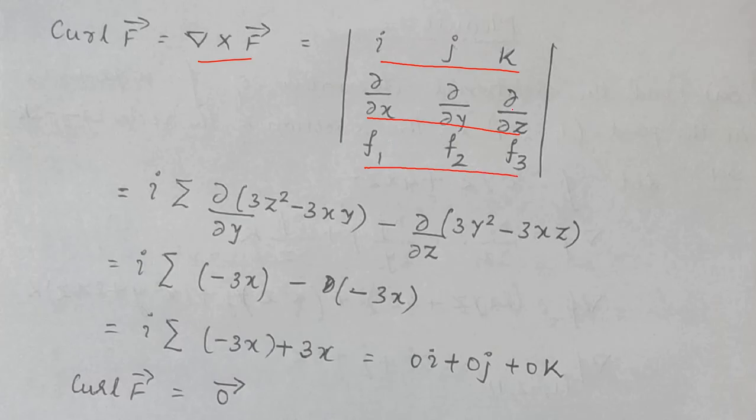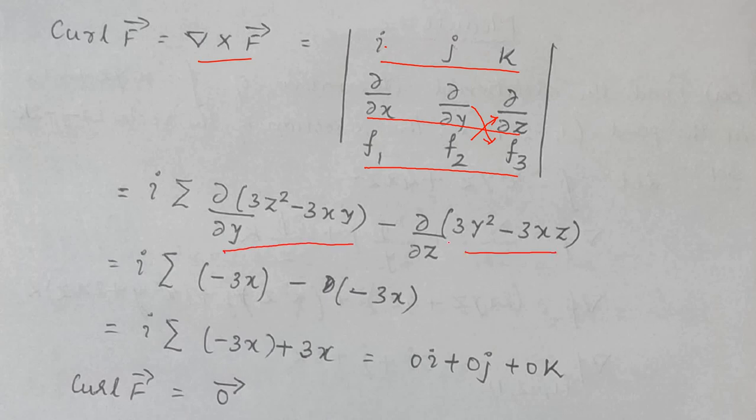Then you substitute the f1 values. Just go with the expansion of the determinant along the first row. Along the first row, you are going to get i into del by del y of f3 minus del by del z of f2. So that is what I have written here.